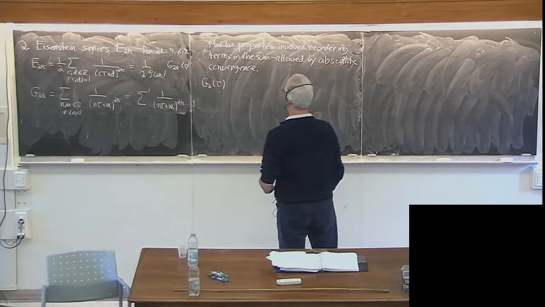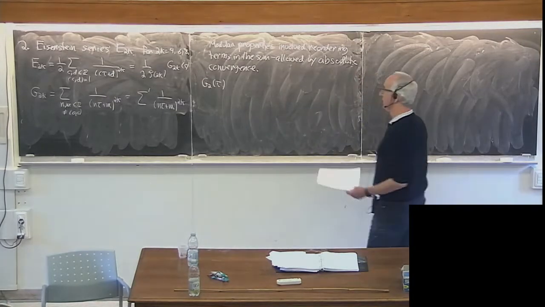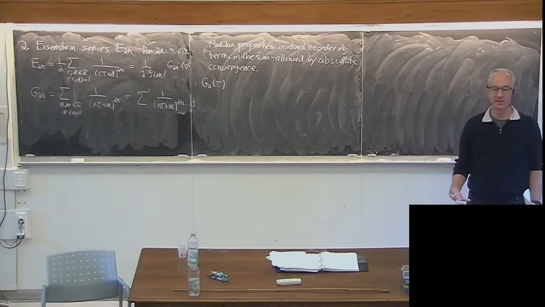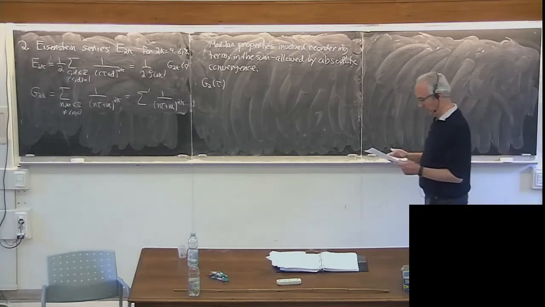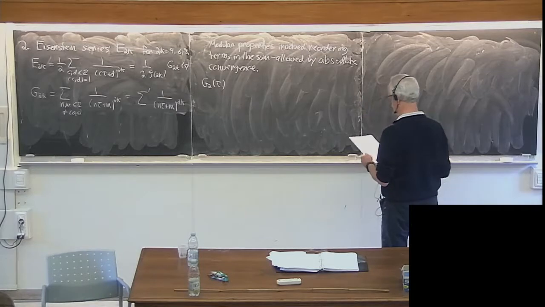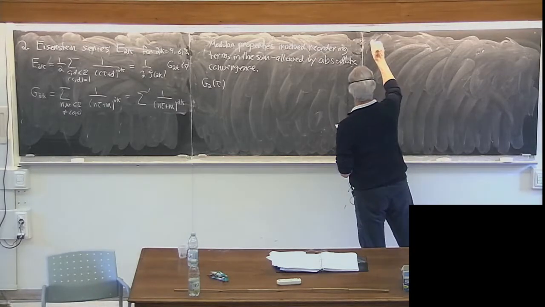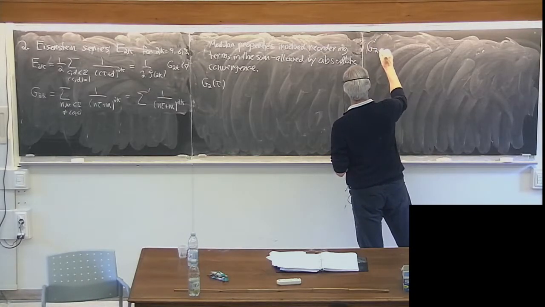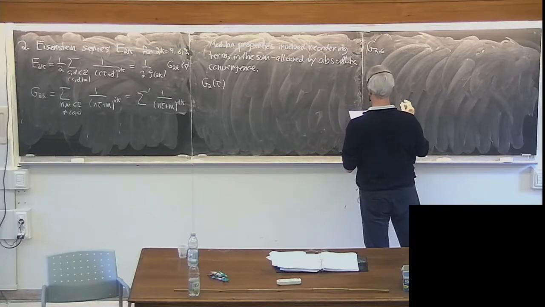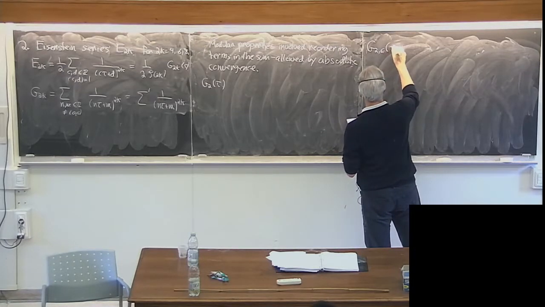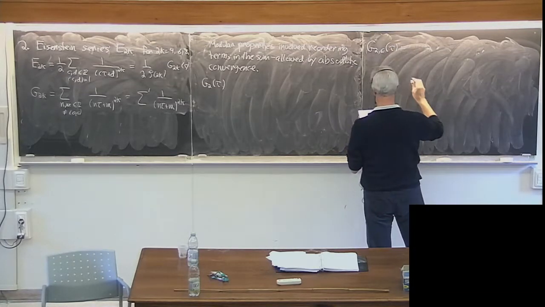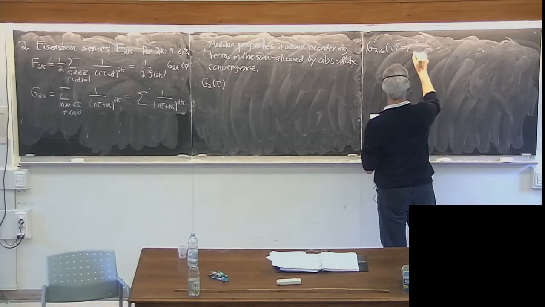Okay, so one way of doing this, which kind of looks like the sort of thing a physicist would do, but I actually found this in a lecture of Don Zagier, is to consider the following object, G_2 epsilon of tau. Epsilon is meant to be some small quantity.